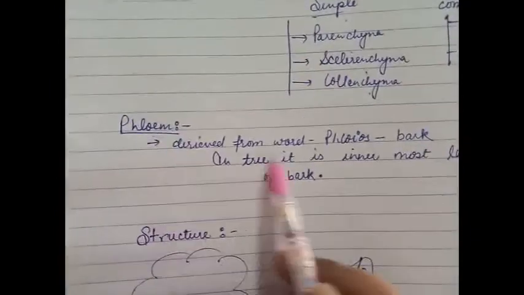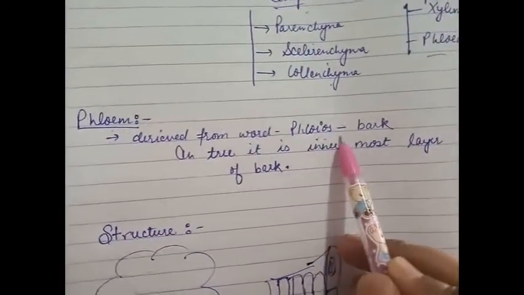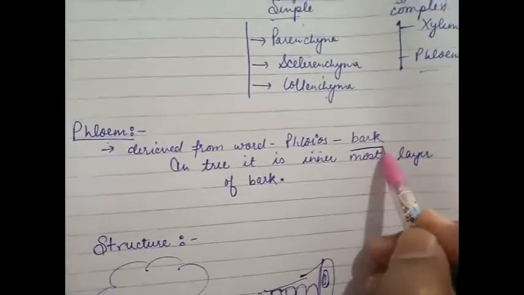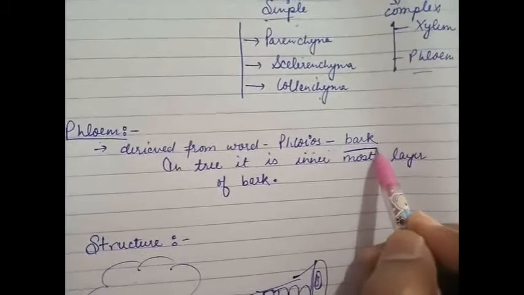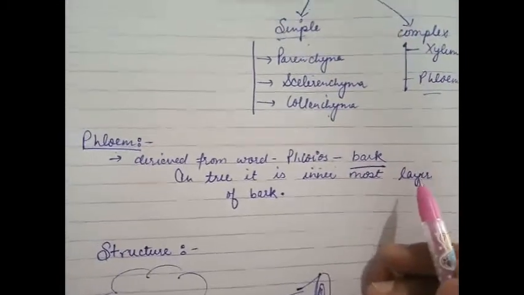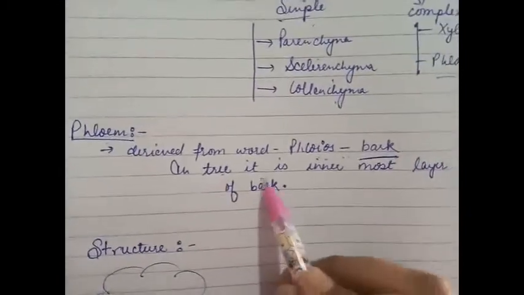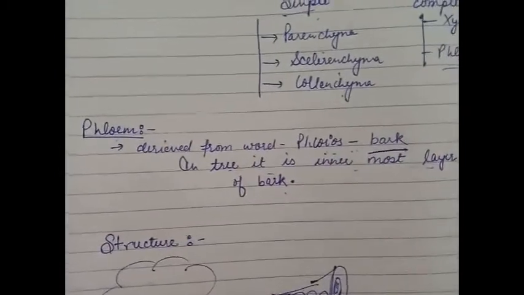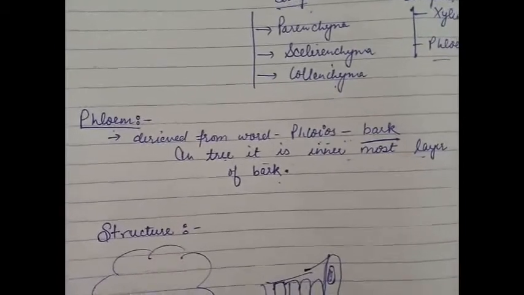Phloem is derived from the word phloios, which means bark. That means it is present in the basal portion of the plant. In a tree it is the innermost layer of the bark.